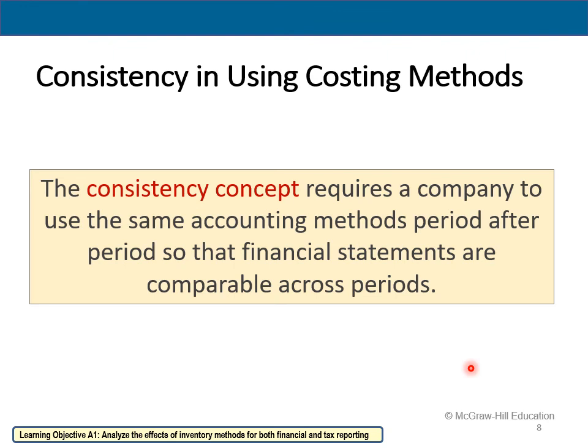The consistency principle under GAAP requires that companies cannot change from FIFO to LIFO to weighted average from one year to the next. There are relatively few instances that justify a change from one inventory costing assumption to the next.